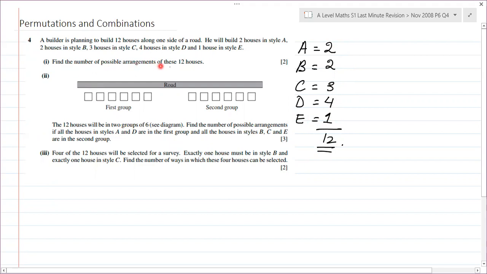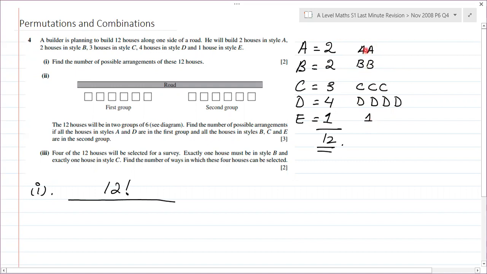Find the number of possible arrangements of these 12 houses. So the possible number of arrangements would be 12 factorial divided by the repetition of the style of houses. Because if you have two houses A and A, two of B and B, three of C, C, C, four of D, D, D, D, and one of E, they are basically repeating.